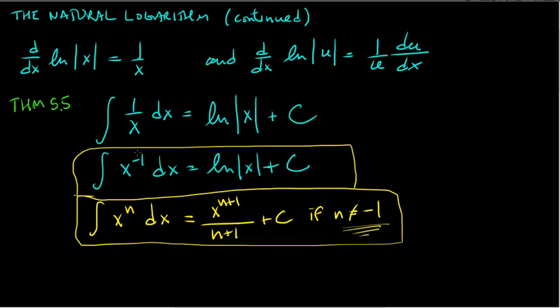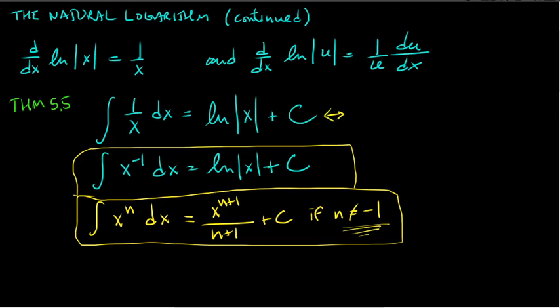Because up till now, you should not have seen the integral of x to the negative 1, or 1 over x. That did not come up yet, for the very reason that we didn't have the natural log function yet, but now we do, right? So that's the idea. And maybe we should write the substitution version, which goes like this.